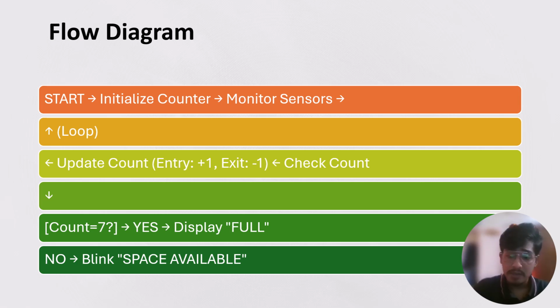So if the count is equal to 7, the display will always say full, and if it is 6 or less than 7, then the display will be blinking, and the user will see that there is enough space here.